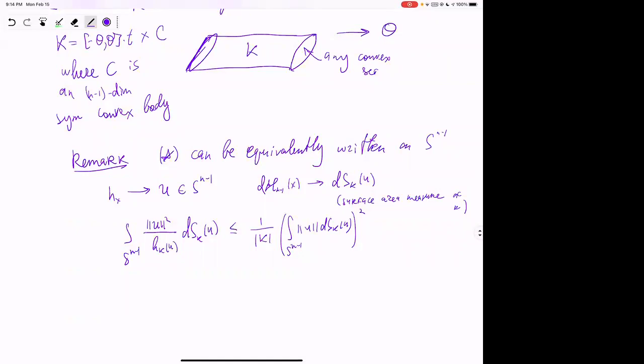I'm just rewriting it, and it's going to be convenient for me to use this notation. I hope it's okay. Any questions about this notation? Like I said, the surface area measure is nothing but the push forward under this map of the Hausdorff boundary measure, the (n-1)-dimensional boundary measure. So I'm literally doing nothing. Let me note, by the way, that n_x is defined uniquely almost everywhere.